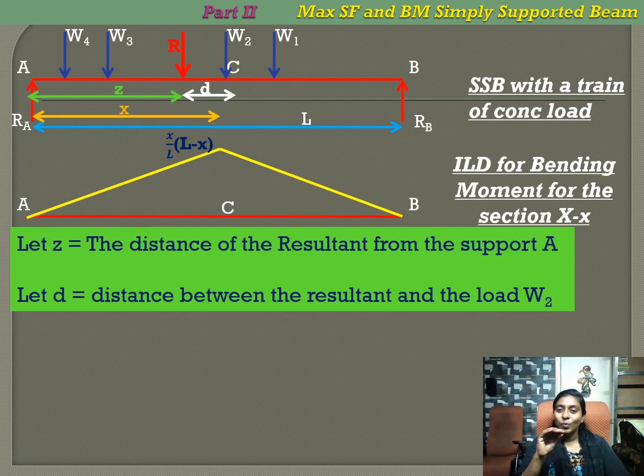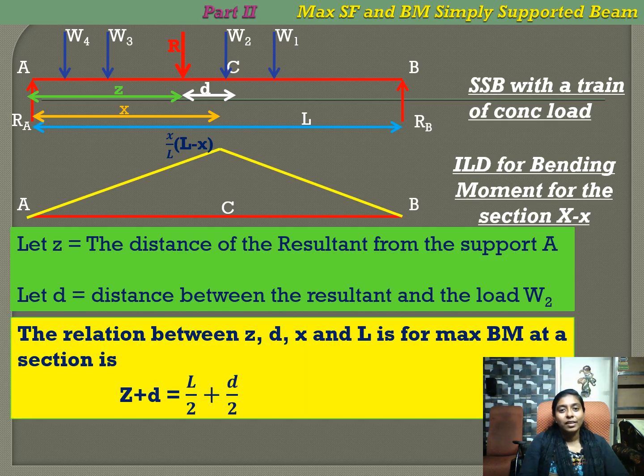Okay, now for example, for this case, R is the resultant of W1, W2, W3 and W4, and R is closer to W2. So we will take the distance of this resultant R from A as Z, and the distance between the resultant and the load closer to the resultant, that is W2, that is, the distance between R and W2, as small d.